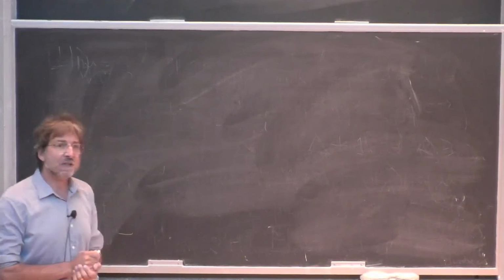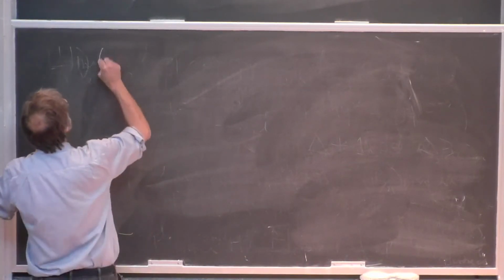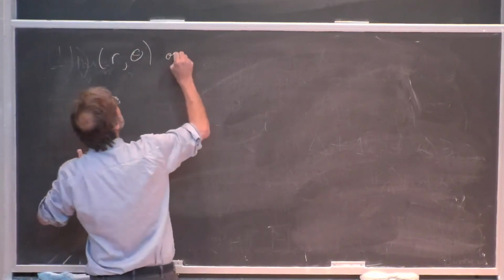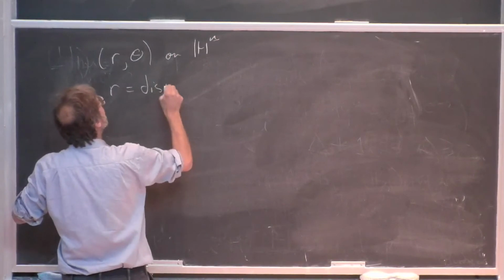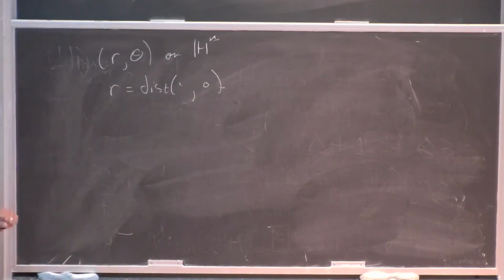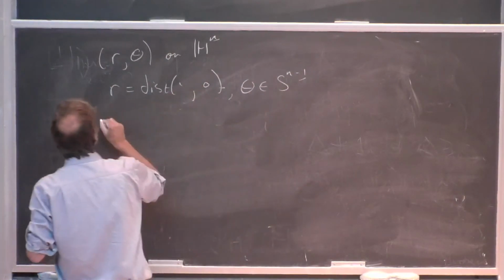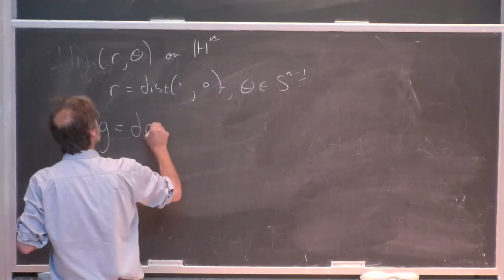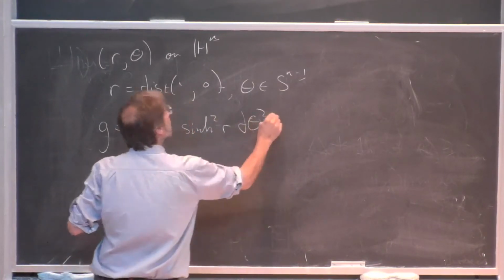Now I'm going to introduce yet another model for hyperbolic space. I'm going to use geodesic polar coordinates, so spherical coordinates on H^n. r is the distance to some fixed point, let's say the origin, and theta is a variable in the sphere. Here's yet another representation of the hyperbolic metric: dr squared plus sinh squared r d theta squared.